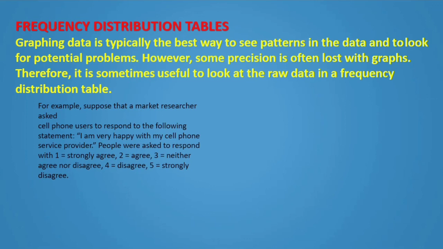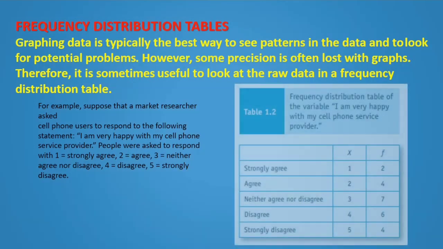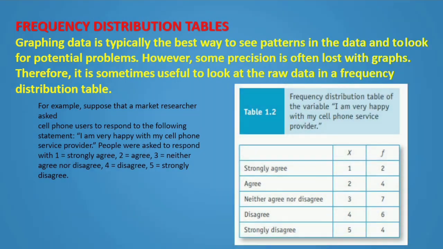According to this statement, in the table given here, several options are given, 1 to 5, that is X, and F, the people who are giving their opinion about the cell phone.